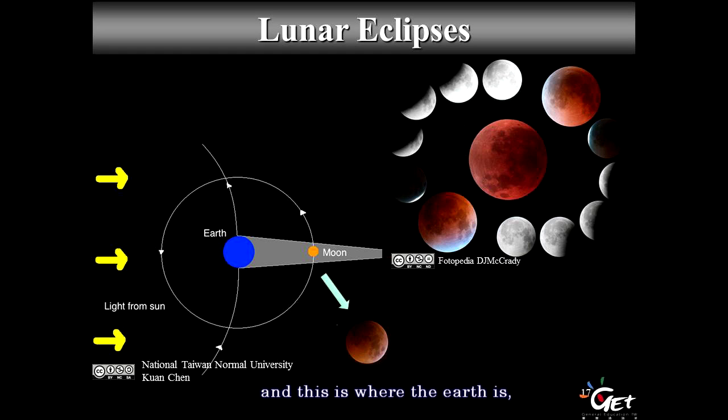So this is where the sun is, this is where the Earth is, and there is a projection of the shadow of the Earth, a dark cone here, and the moon is entering it. So first it's lit by the sun, then it enters this cone, it's getting reddish, and then it's getting out of the cone.